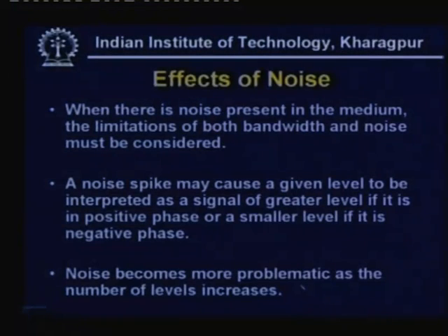Or if the number of levels is 128, then 0 to 5 volt is divided into 128 different values, and a small noise will change the transmitted level, and so at the receiving end we shall get an incorrect signal level. So it becomes more problematic as the number of levels increases.